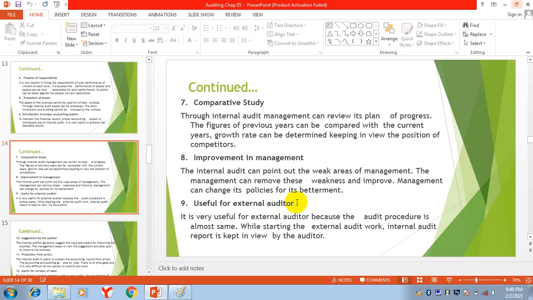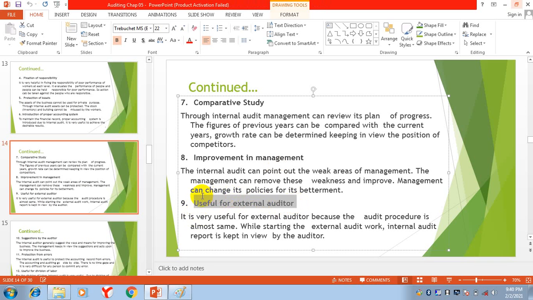Useful for external auditor. Internal audit is also very useful for the external auditor because the audit procedure is almost the same. Both the internal auditor and external auditor use almost the same method.